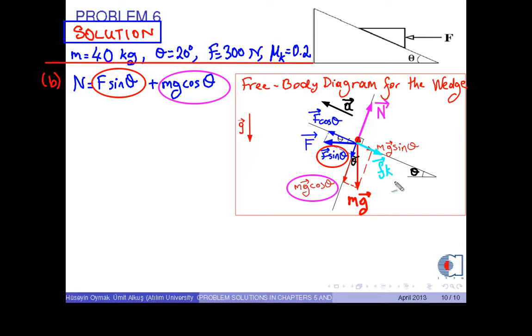Therefore, Fk equals mu k times N, which is equal to mu k times F times sine theta plus m times g times cosine theta.